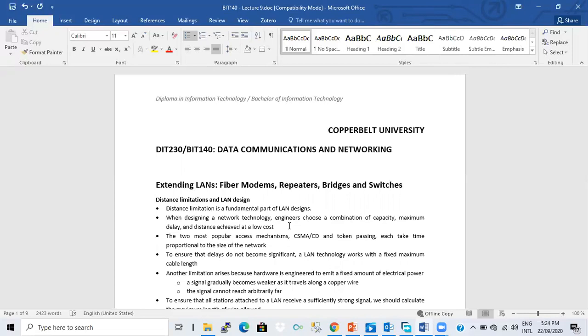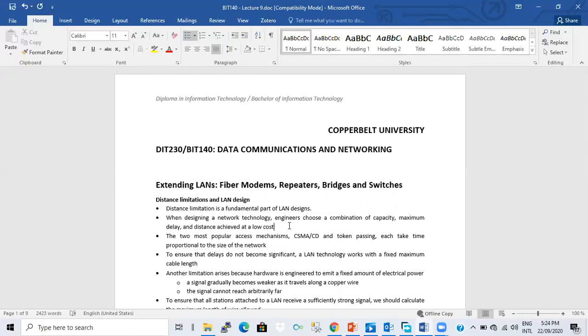You cannot use UTP from one point to another if that UTP is longer than 100 meters. As long as that UTP becomes longer than 100 meters, there is a possibility of the network signal being lost. But imagine a place like CBU where you have offices which are 100 meters apart.